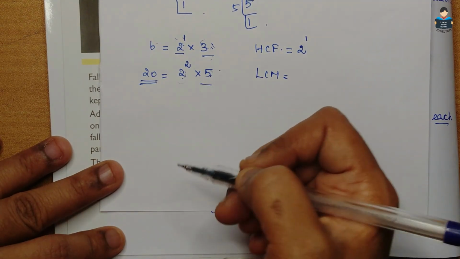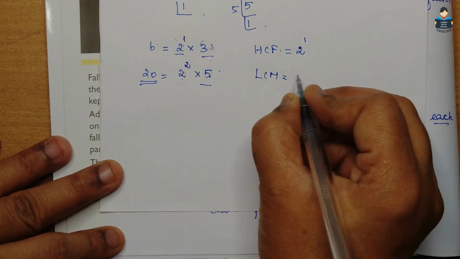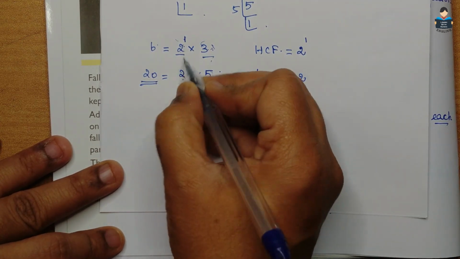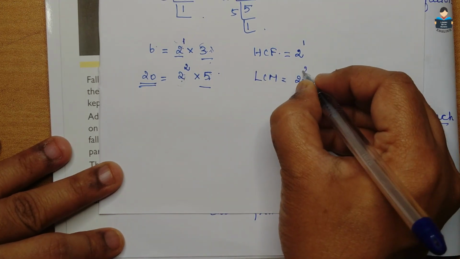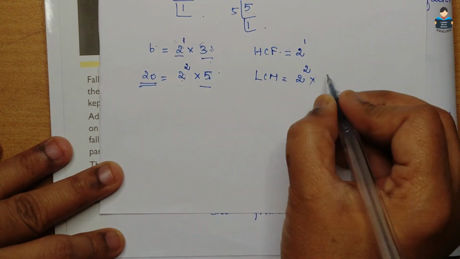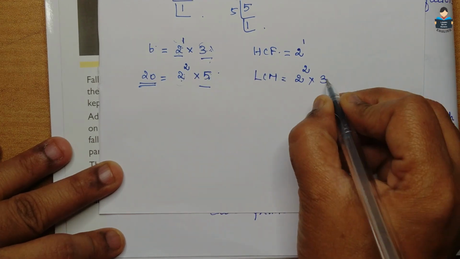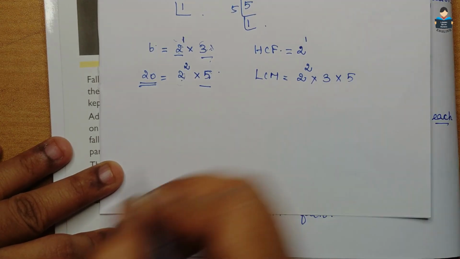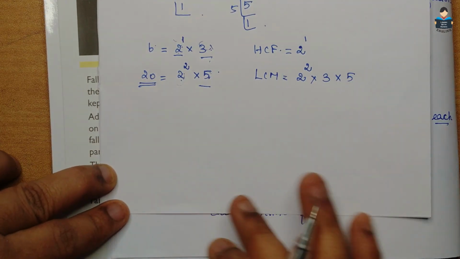When we take 2, the one having the greatest power is 2 to the power 2, so we put 2 square. Next 3, here we have only one 3, so into 3 and into 5. This is the procedure for finding LCM and HCF.